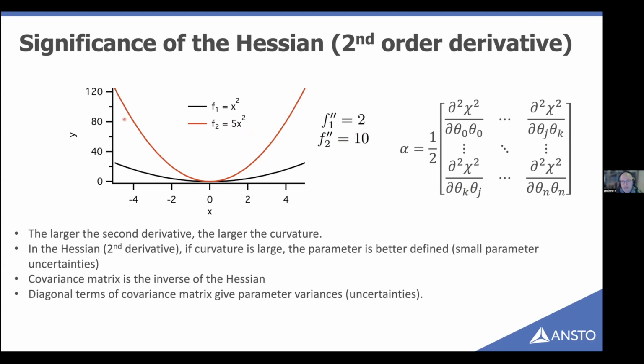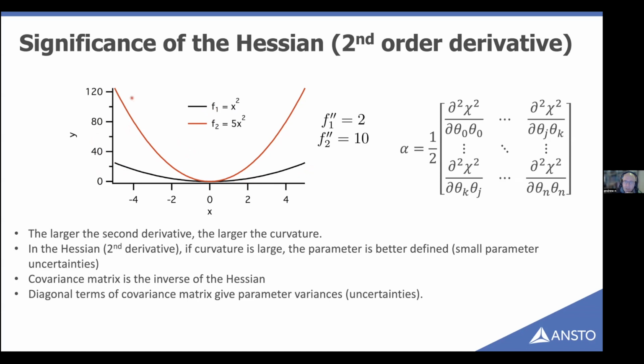And so what we see in the red curve is that it has a tighter curvature than the black curve, whose curvature is much more gentle. So for F1, the second order derivative is a lot smaller than the red curve.